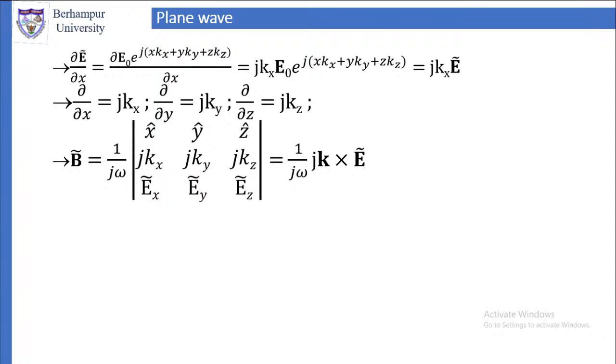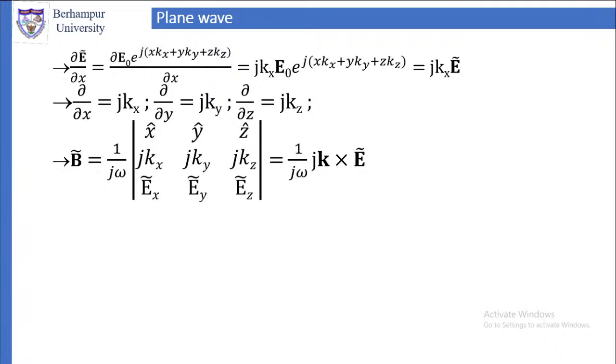For ∂/∂z, we write jkz. So if you write that way, then B tilde is equal to 1 by jω, determinant of x cap, y cap, z cap, then jkx, jky, jkz, then Ex tilde, Ey tilde, and Ez tilde. So that we can write as 1 by jω remains as it is.